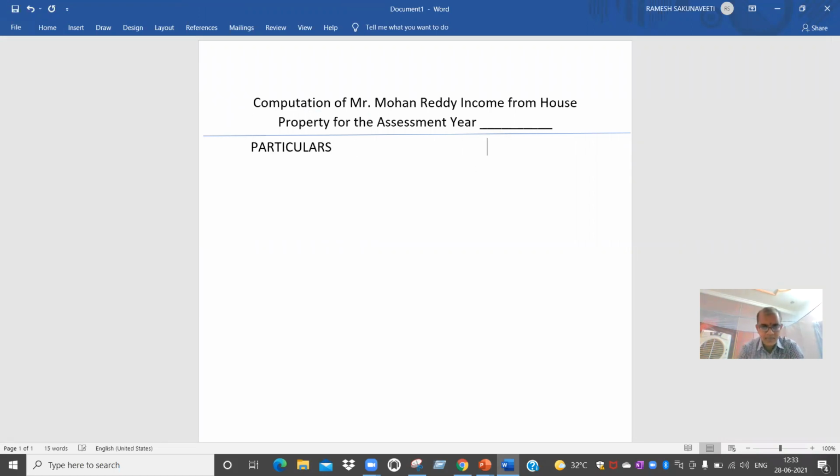Then inner column, amount in rupees. Then here again, amount in rupees. This is the inner column. This is the outer column. Okay.